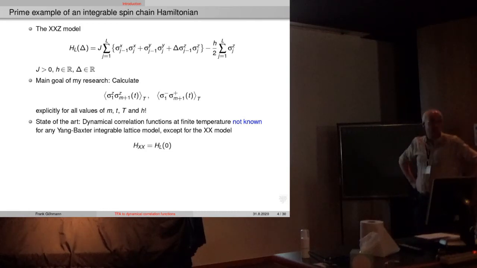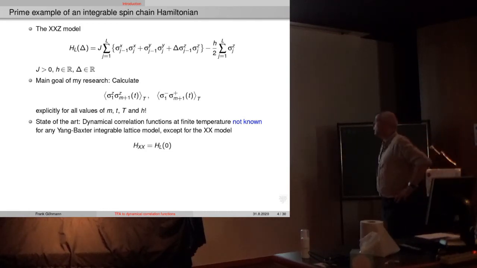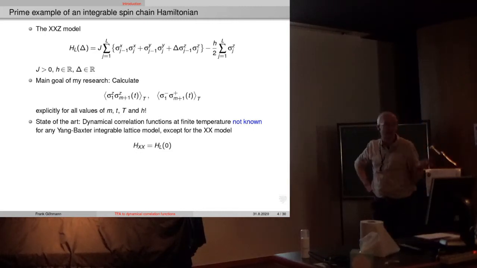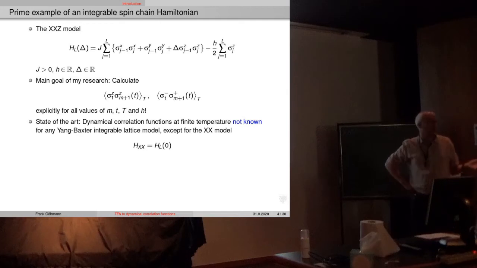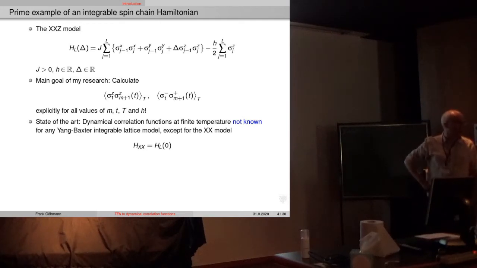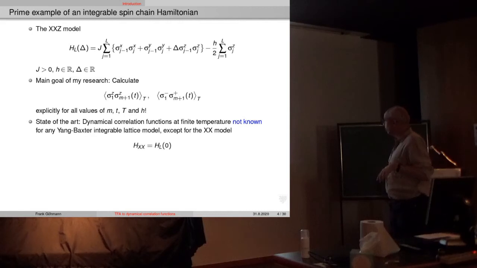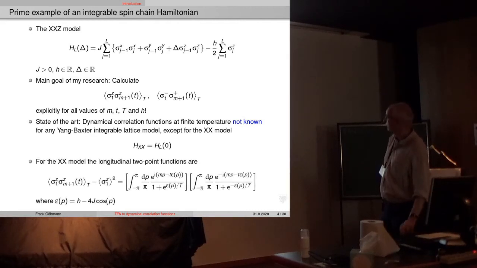This is called the XX chain. For the XX chain, the system is simpler, so the spectrum, if you do a Jordan-Wigner transformation, becomes a model of free fermions, so the spectrum is equivalent to a spectrum of free fermions. And this is probably the reason behind the simplifications. So there something is known.